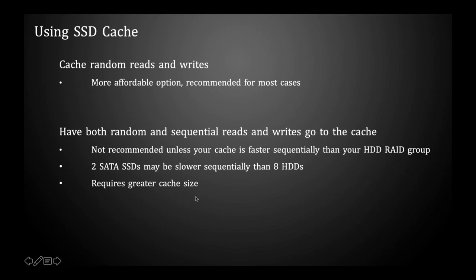Another thing to consider is that sequential reads and writes tend to involve more data, so your cache fills up faster and you need more cache. So for the second option of caching everything, you need either more SSDs or faster SSDs, and you need a larger cache size. So this is the more expensive option, but in some cases it still might be worth it.